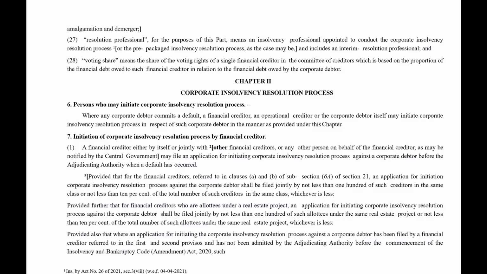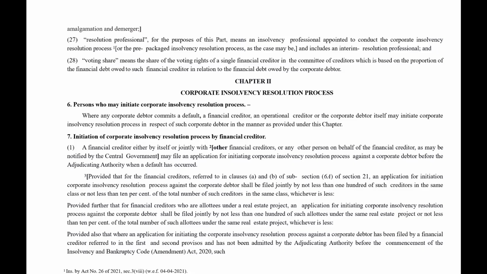Another rule is the rule of harmonious construction. They will try to harmonize the various laws because the intention of the government is to make the laws work. Whatever law is made is intended to be workable, so they will try to find a situation in which a harmonious construction could be applied to that law.